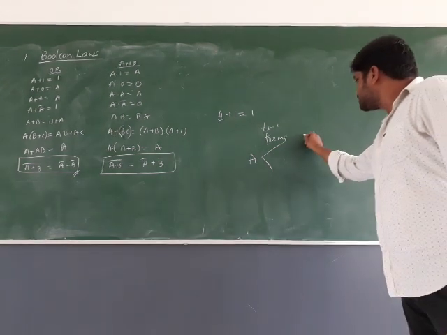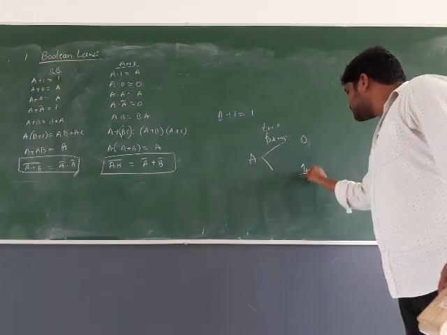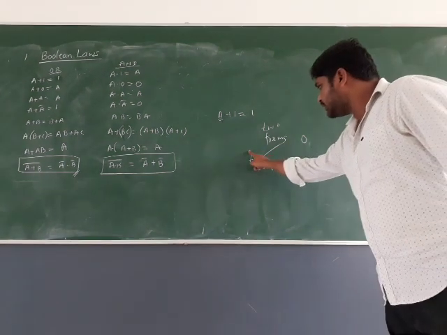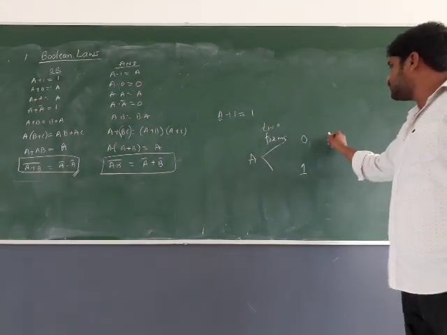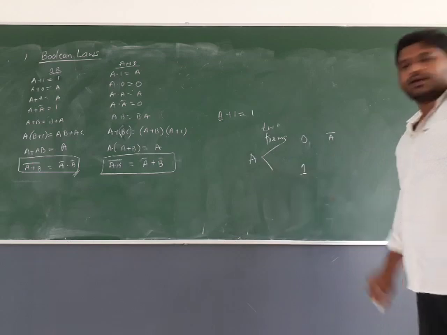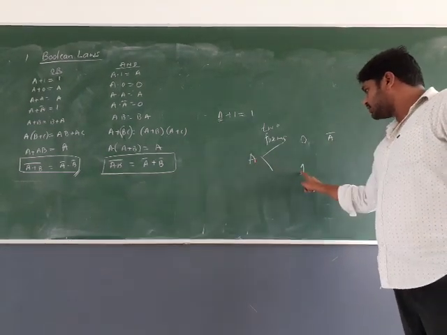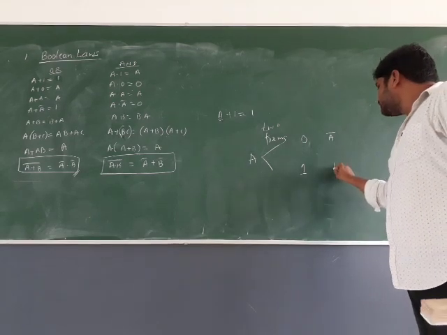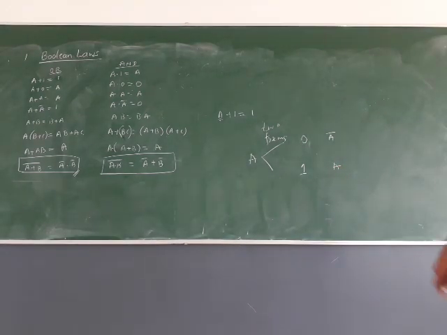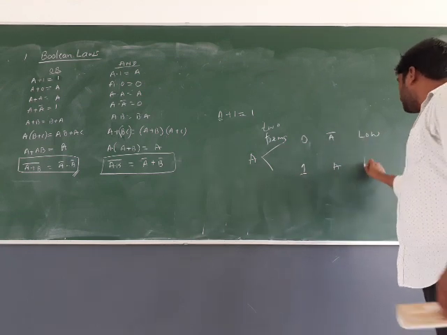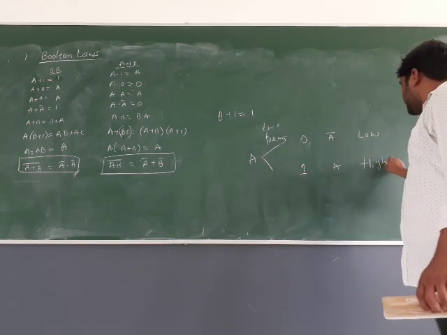First is 0 form, another one is 1 form. The variable A in 0 form, we write as A complement. The same variable when it occurs in 1 form, we write as A. So 0 occurrence is also called low, 1 occurrence is called high.